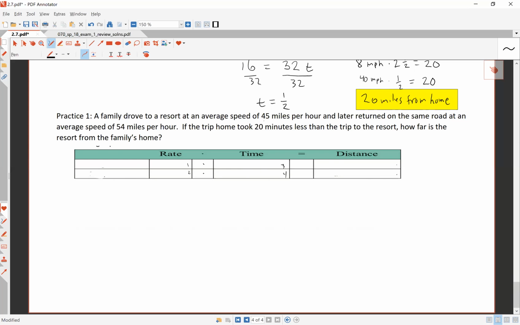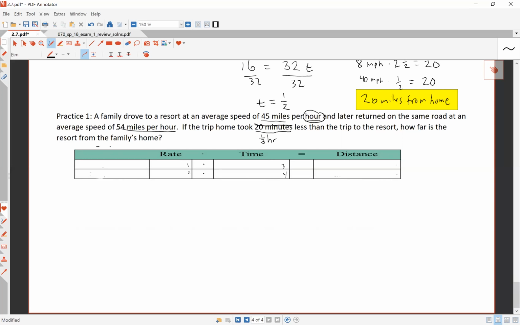The rates are set at 45 miles per hour, 54 miles per hour. The trick is if the trip home took 20 minutes less than the trip to the resort, the minutes is a mismatch of the hours versus minutes. So instead of using 20 minutes, use 1/3 of an hour less than the trip to the resort.